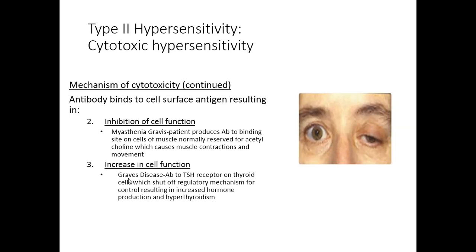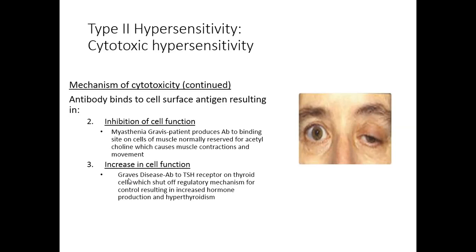This interferes with a feedback mechanism where at certain levels of thyroid stimulating hormone, the thyroid cell slows down and scales back the production of that hormone. So when you bind off the receptor on the thyroid cells, it blocks the feedback loop, and the thyroid cells just keep producing the hormone.